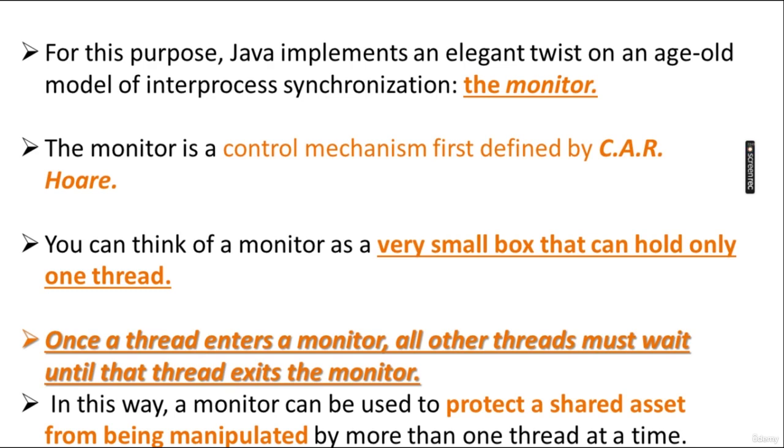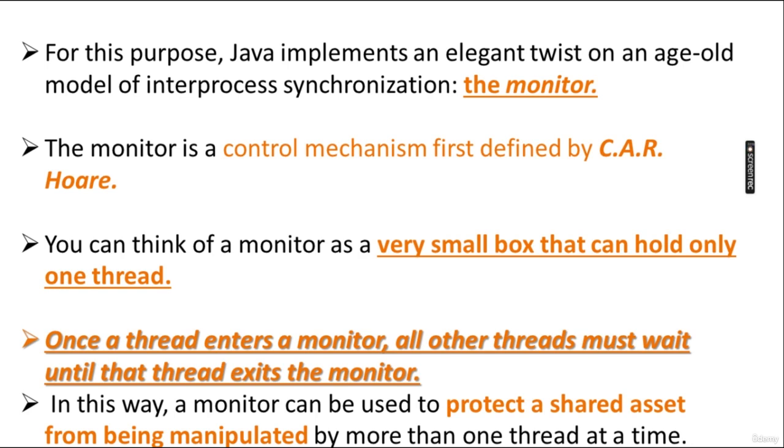So the monitor locks that thread, and if that thread is running, all others must be waiting. Once a thread enters a monitor, all other threads must wait until that thread exits the monitor. So conflict will not occur. In this way, a monitor can be used to protect a shared asset from being manipulated by more than one thread at a time.